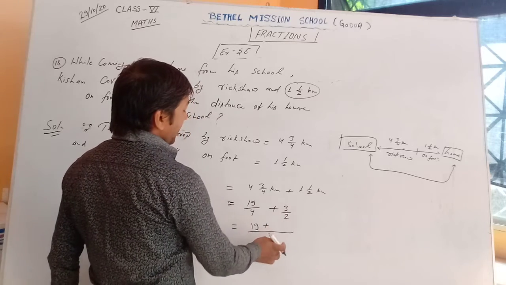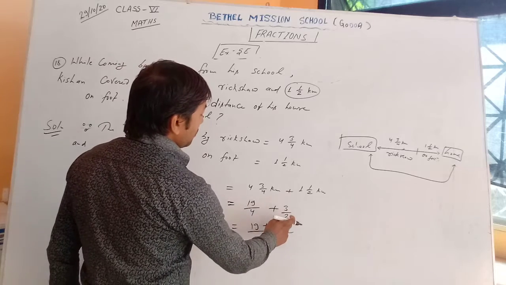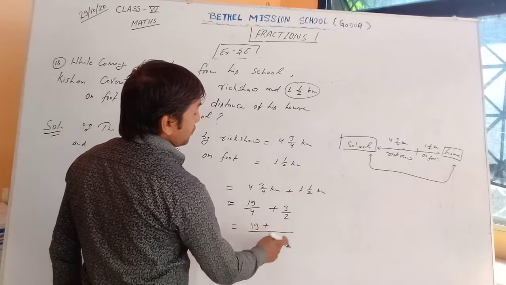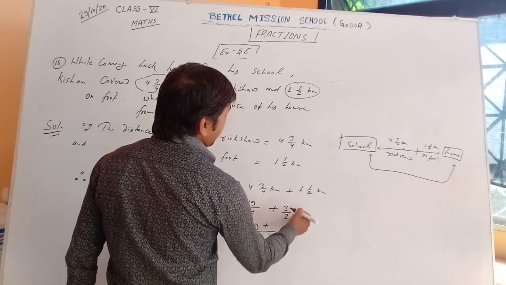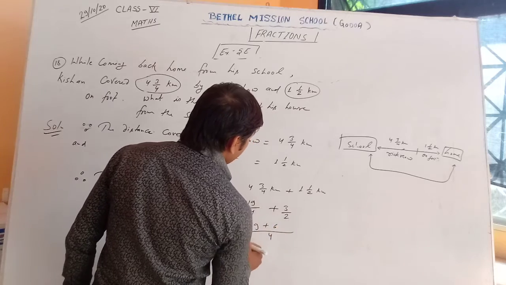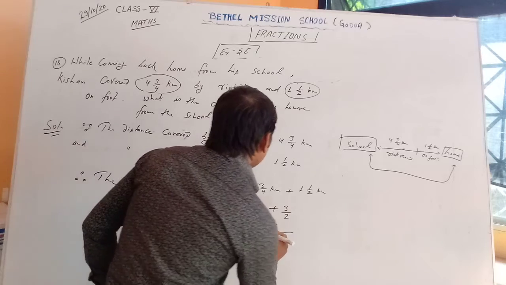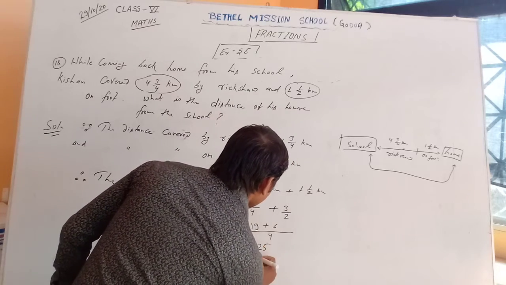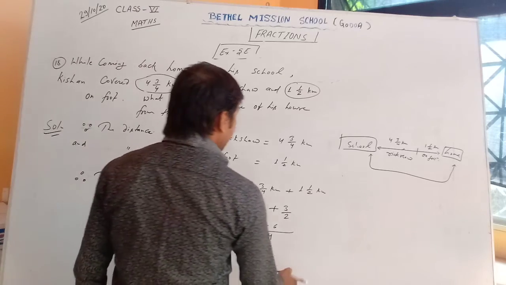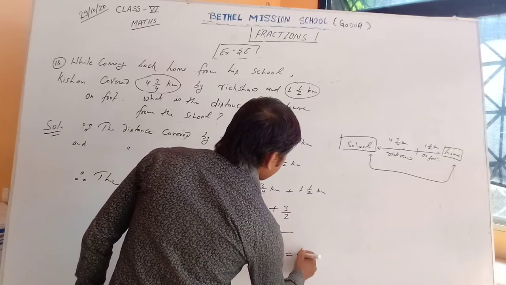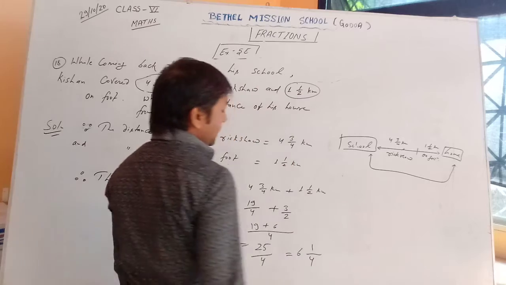And 4 divided by 2 gives 2, so 2 into 3 is 6. 19 plus 6 is 25, so 25/4. The numerator is greater than the denominator, so you have to divide: 4 6s are 24, and 1 is the remainder, and 4 is the divisor.